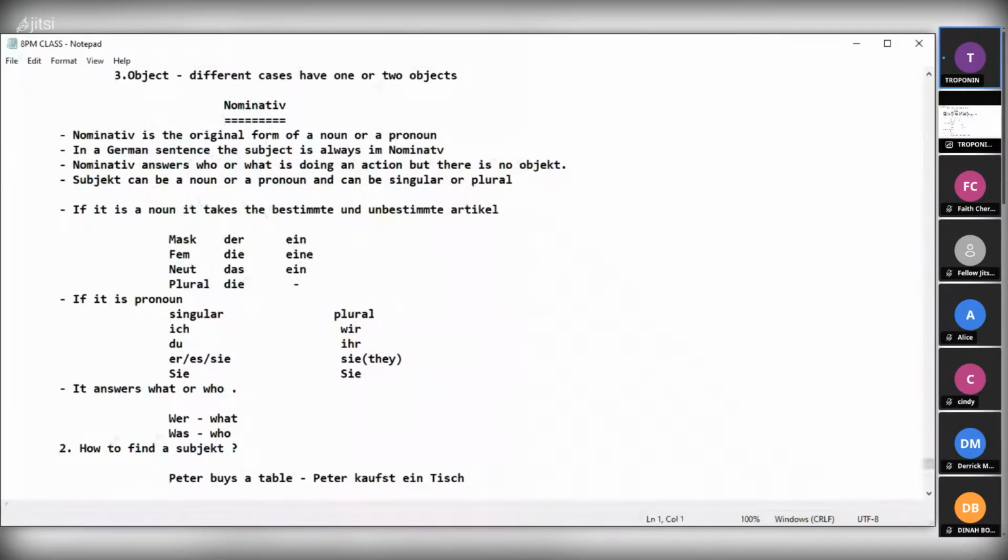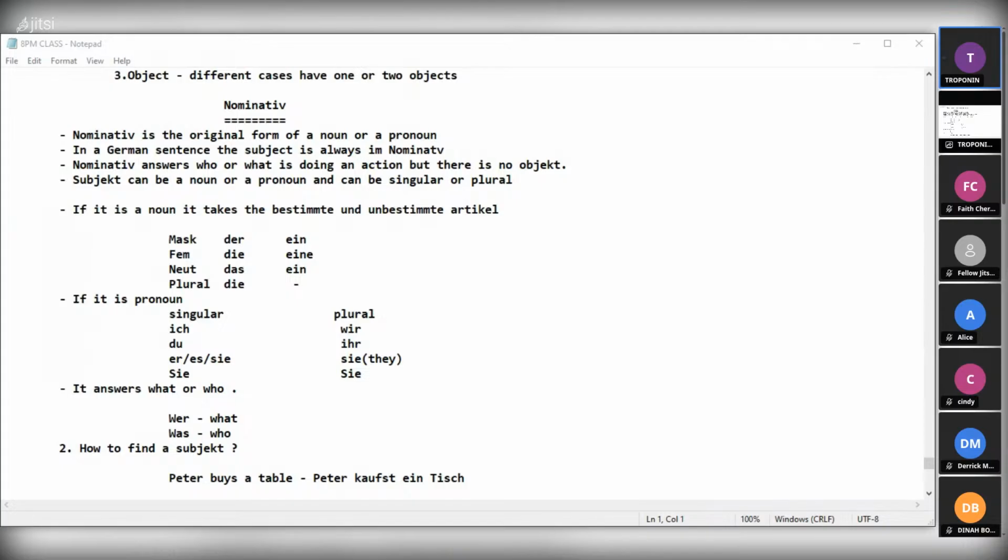Peter kaufte einen Tisch. So you want to see how do you find the subject? Just a minute. So those who came late, I said that I will send you two lists of vocabulary. Then you write and then I will explain in class. I don't want to waste so much time.